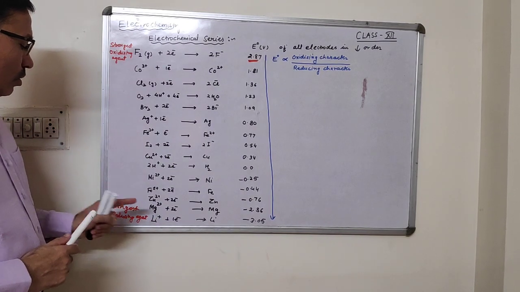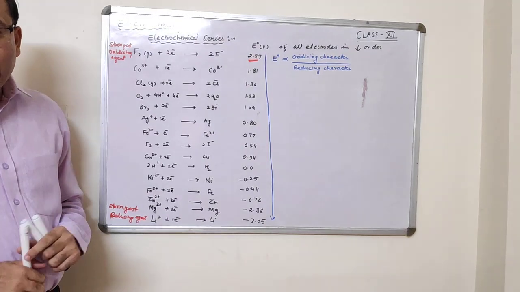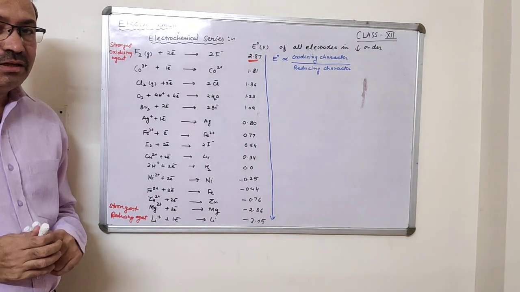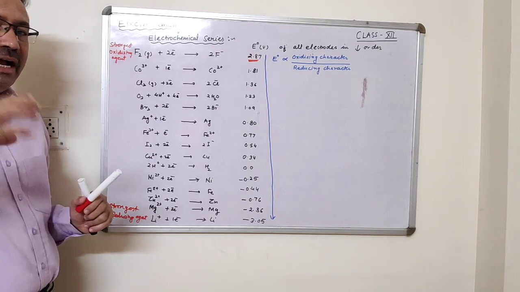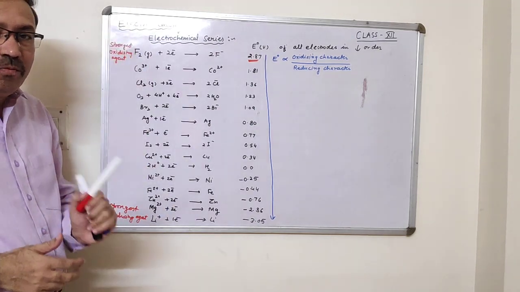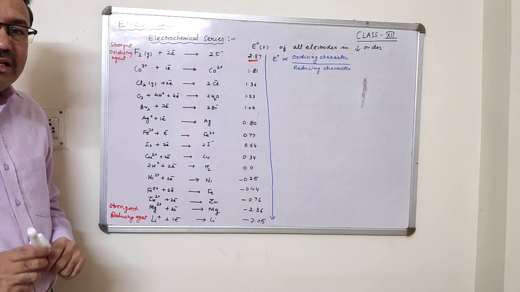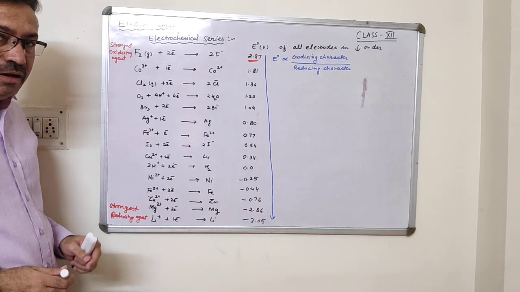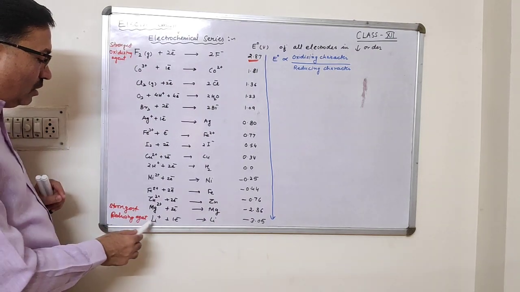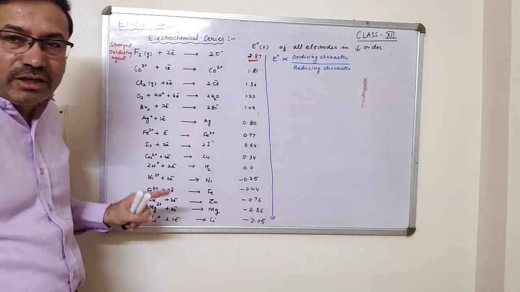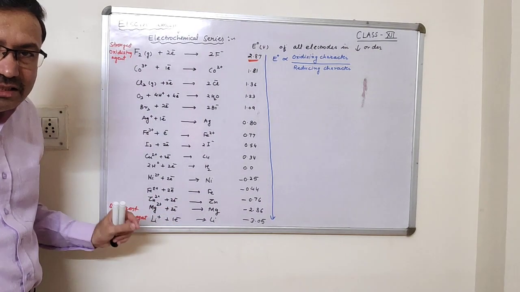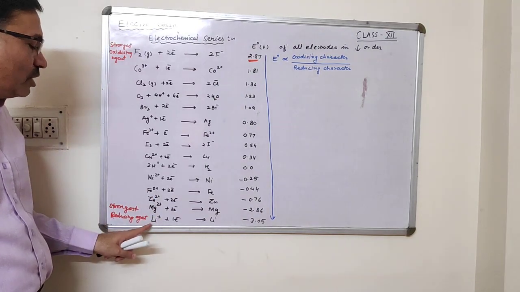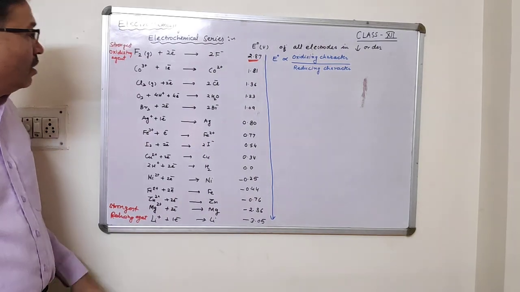Though lithium has high ionization enthalpy, the highest in group 1, and cesium has the least first ionization enthalpy, despite this, lithium is the strongest reducing agent. It can easily give an electron in solution due to the high hydration enthalpy of Li+.